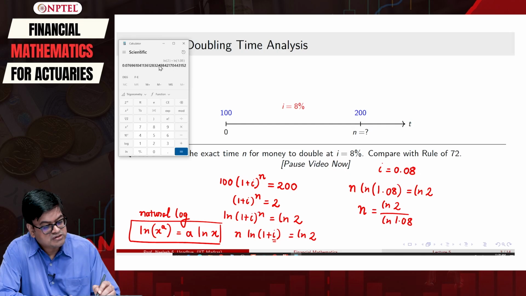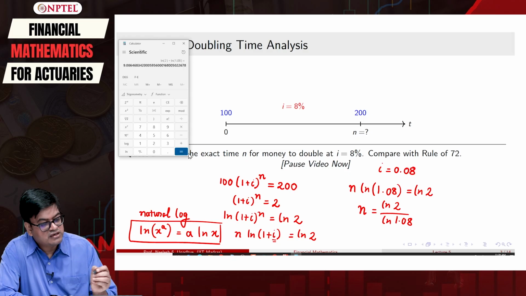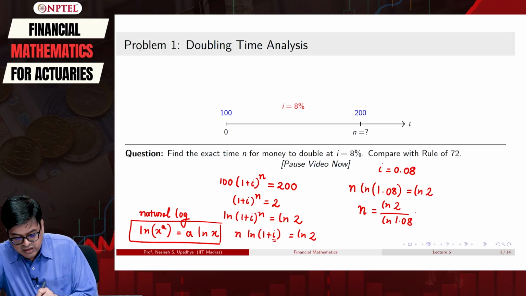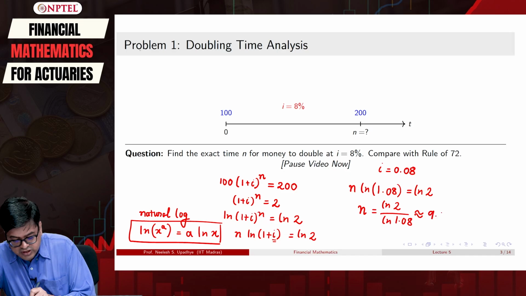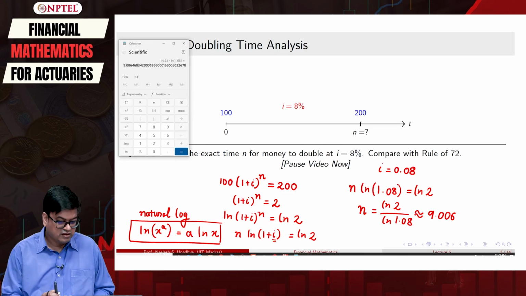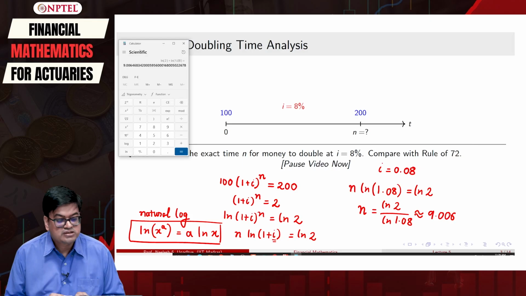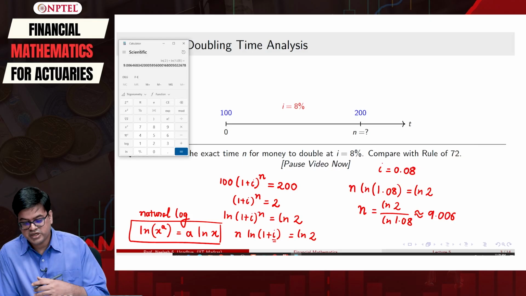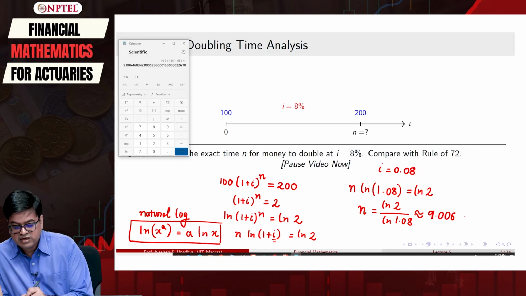That's what I want to estimate. Press the equal sign, and you get the answer to be approximately 9.006. You can verify once again: 9.006. I have chopped it, so it's roughly 9 years.